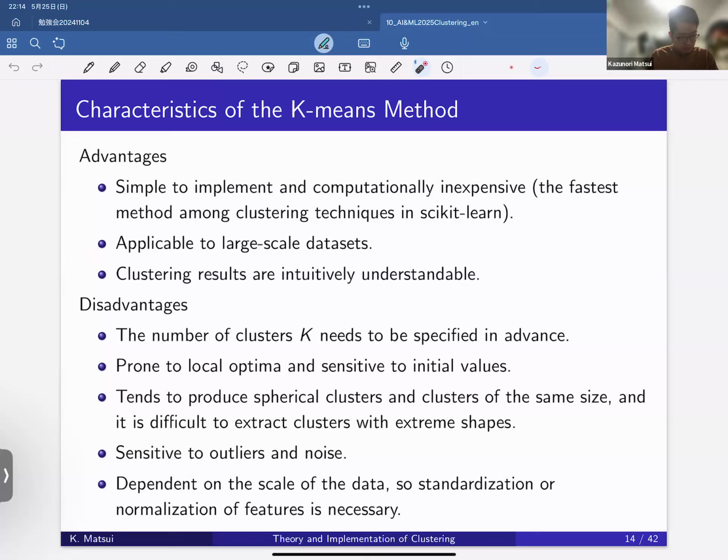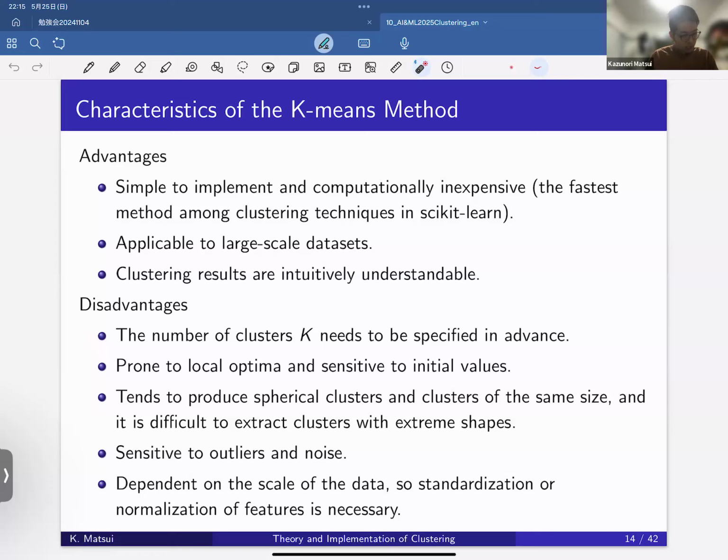Also, clustering results are intuitively understandable. The disadvantage is that the number of clusters K needs to be specified in advance. It's generally difficult to know how many groups the data has, so you have to specify this.